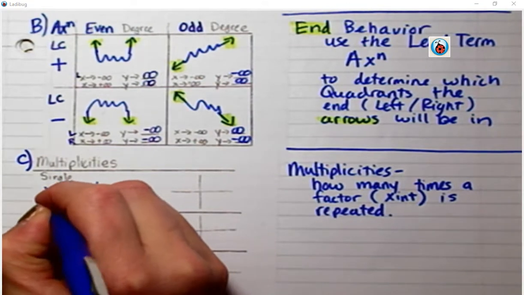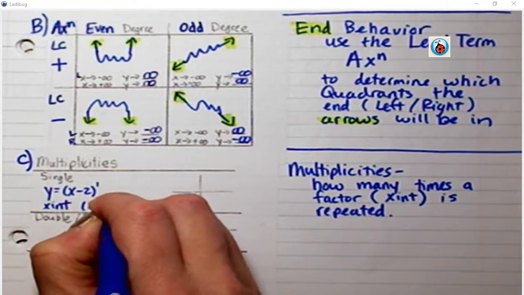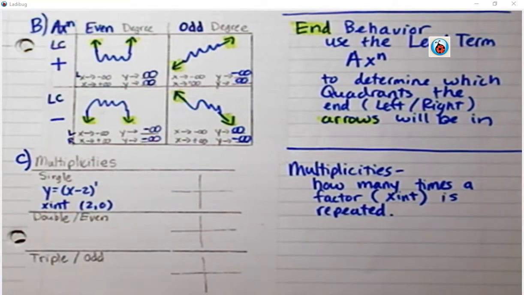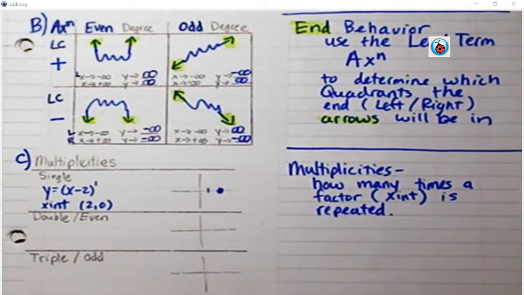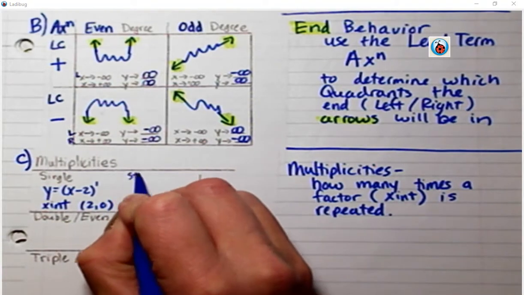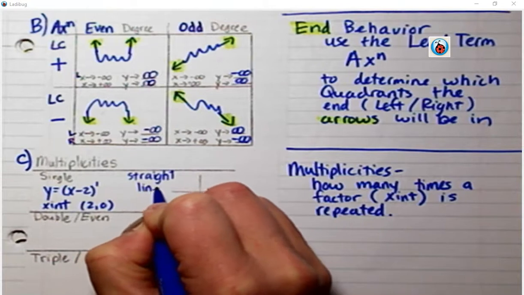My x-intercept is 2, 0, because that's what matches the factor. So over here, I'm just going to put a dot on the x-intercept. This does not need to be to scale, don't worry. A first power is a straight line.